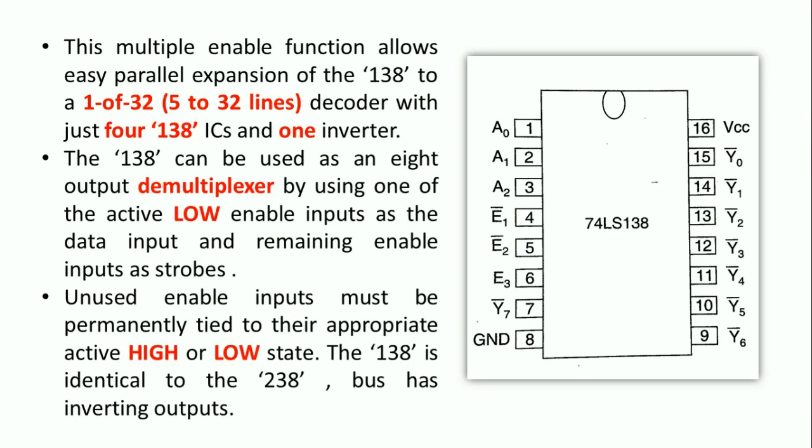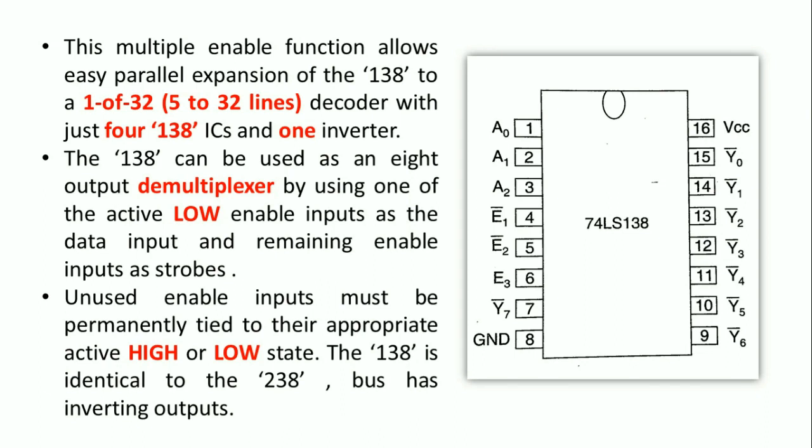This 74LS138 can be used as an 8 output demultiplexer. This can be done by using one of the active low enable inputs. Here we have the enable inputs E1 bar, E2 bar and E3. In that we can use one of the active low enable inputs as a data input and the remaining enable inputs as strobes.